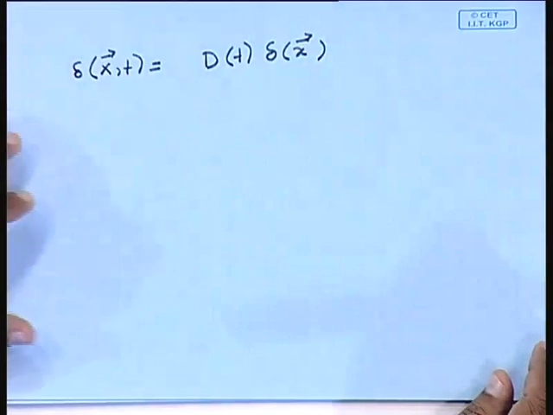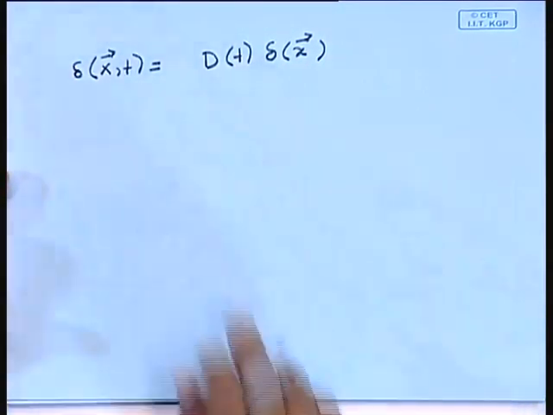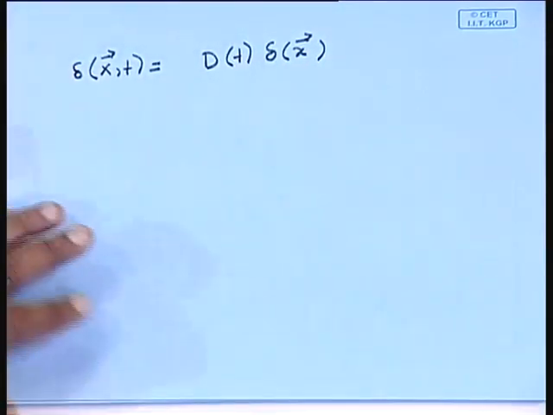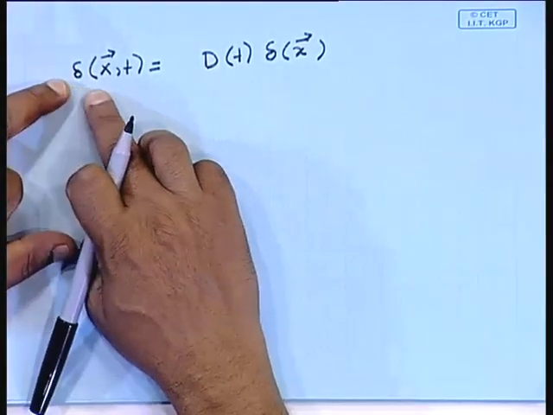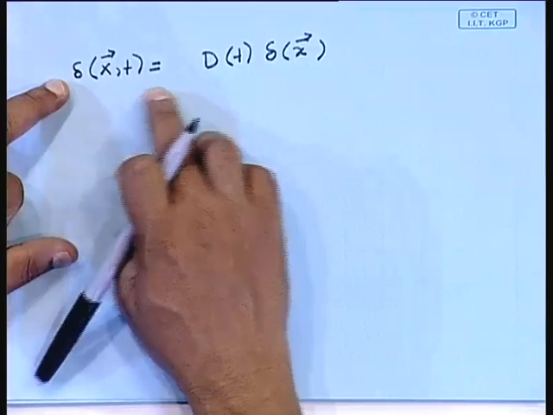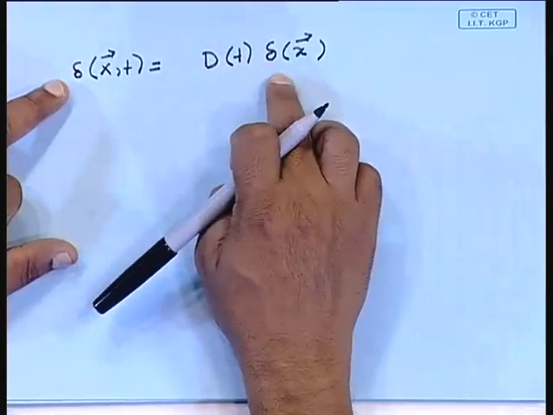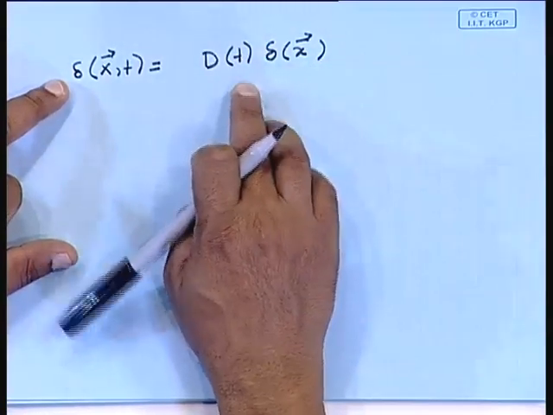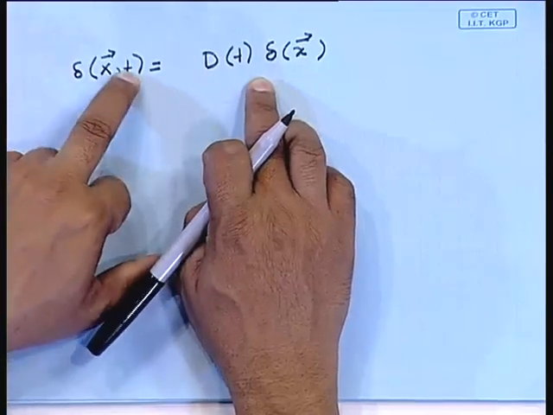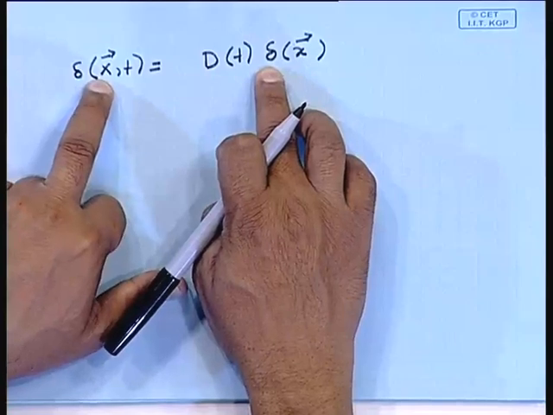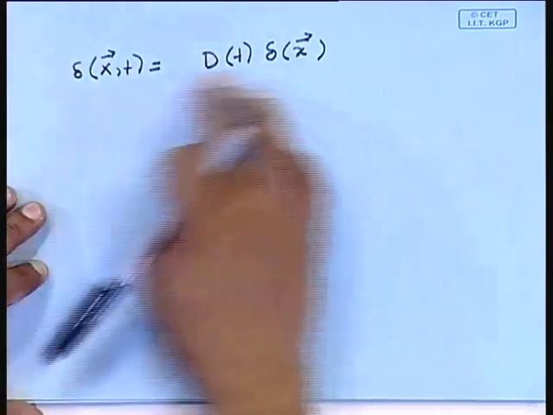Note that the convention here is not the best possible convention, but this is what we are going to use. So the density contrast as a function of x and t I have written as some function of time and some function of x. The function of x is again called delta, but it should be clear from the number of arguments that this function is different from this. So this is a different function.